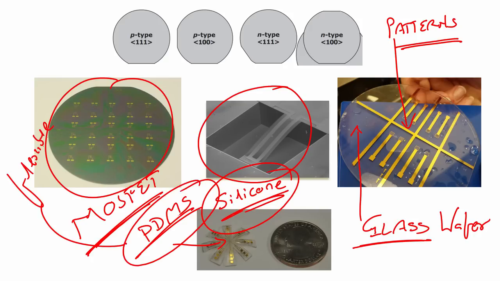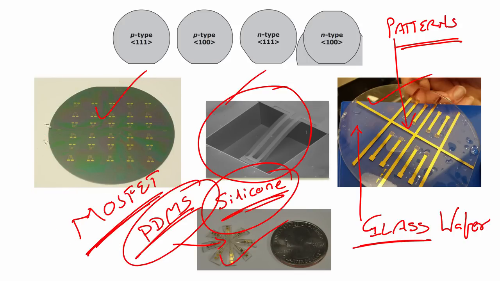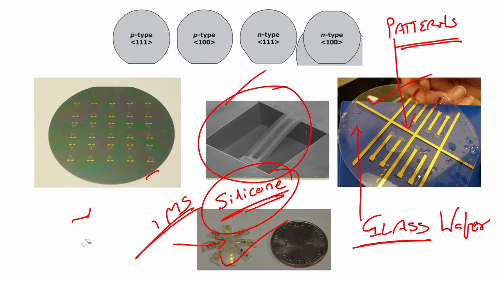So the point that I am making here is that you can use oxidized silicon, you can use silicon, you can use glass, you can use a flexible substrate. All these are nothing but your substrates, got it.